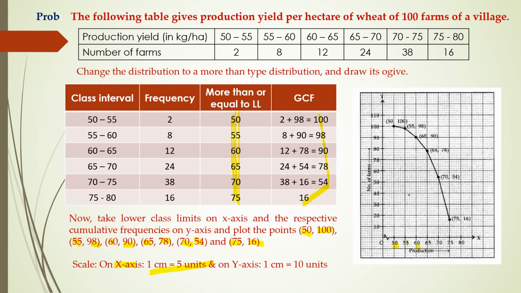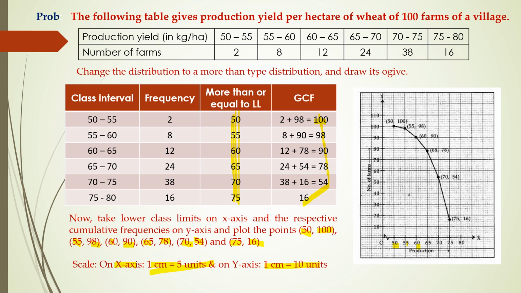The difference between any two values is 5. That means on the x-axis I have taken 1 centimeter equal to 5 units, whereas on the y-axis I have taken 1 centimeter equal to 10 units. You can see 0, 10, 20, 30, and so on till 110. The maximum value we have is 100 only, but we can take till 110. Therefore, this is the scale we have taken.